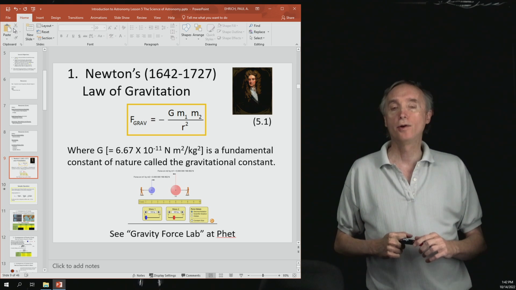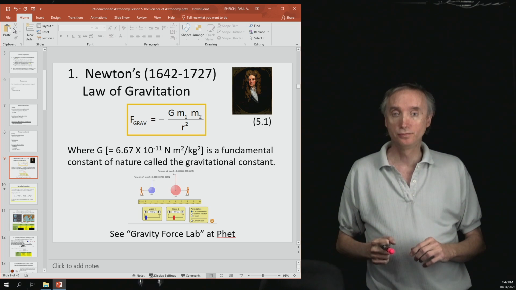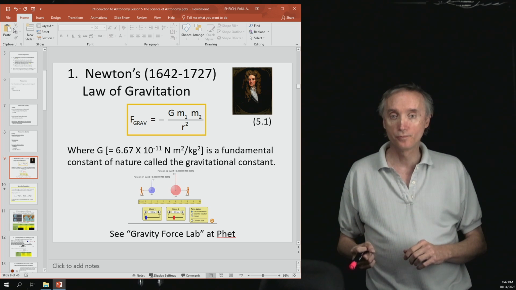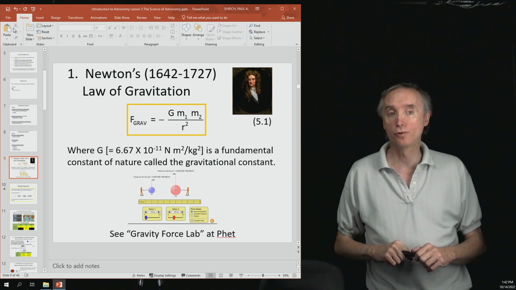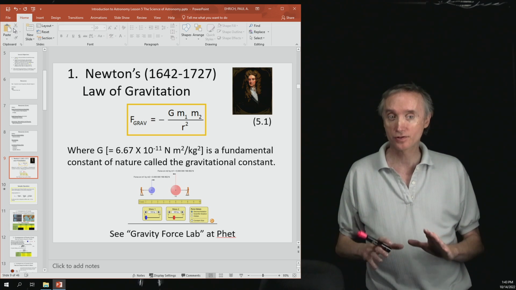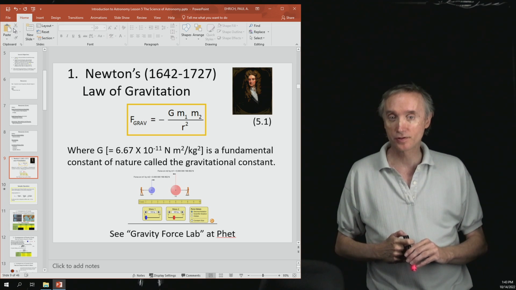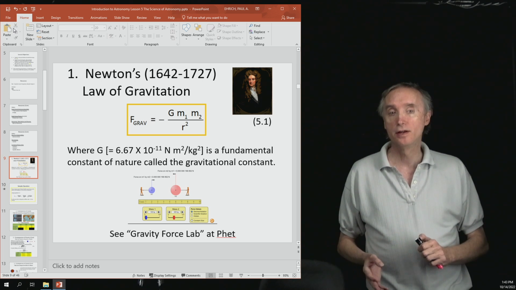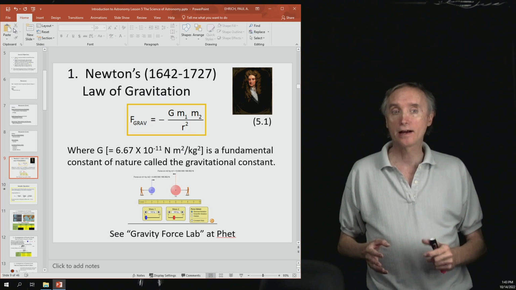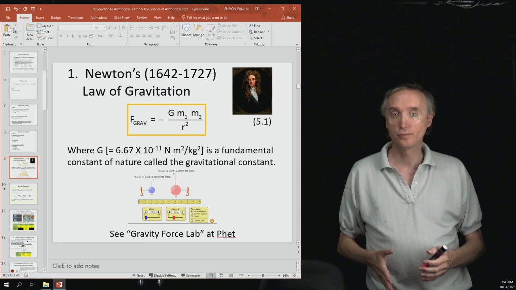Okay, now I want you to double the mass of ball number 1, and I want you to see what effect does that have on the force of gravity. Okay, and you should have noticed that it went up. Okay, so that's the first thing that you should notice, that if you increase the mass of one of the balls, then the force of gravity acting on the two balls increased.